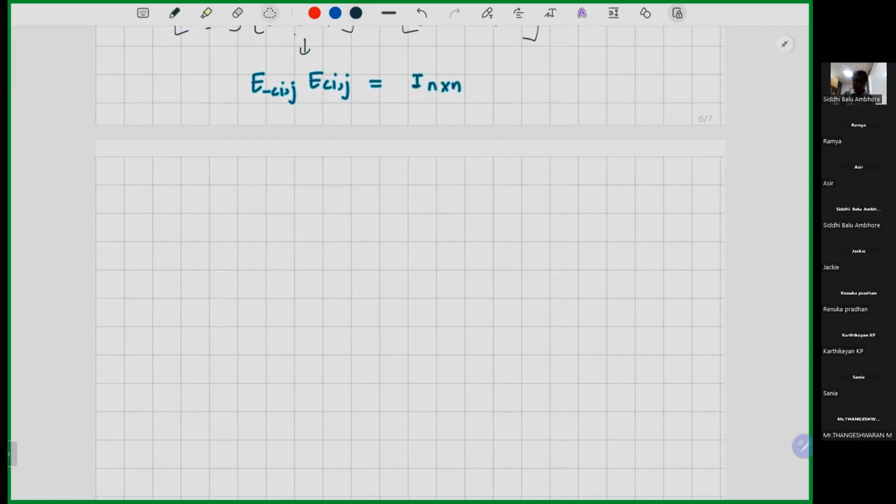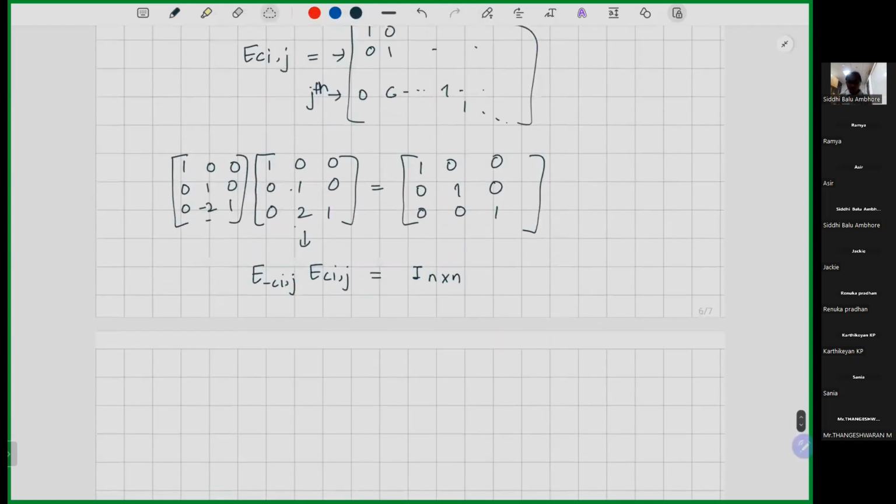Is there a way to identify elementary matrices? Yes, because there are only 3 types of elementary matrices. If we know how the identity matrix looks, then if there is only an interchange of 2 rows, we can clearly guess that one.